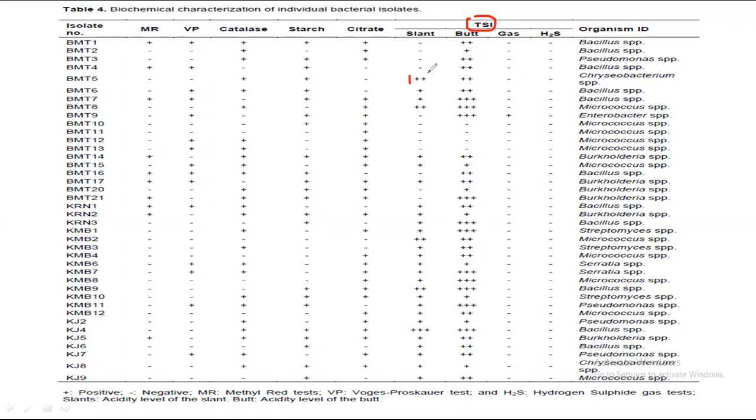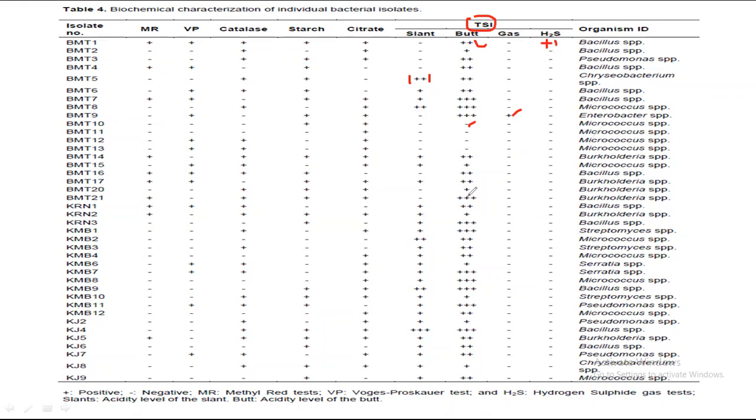If there is no color, we can say that it is negative. If we check the color of the butt, if there is color, positive; if there is no color, negative. If we look at the gas production, if there is gas production, it means plus; if there is no production, it is negative. If there is hydrogen sulfide production, it means positive, and if there is no hydrogen sulfide production, it means negative.